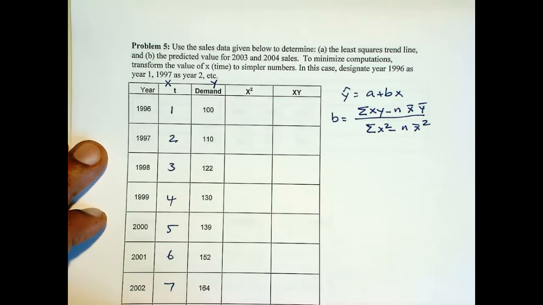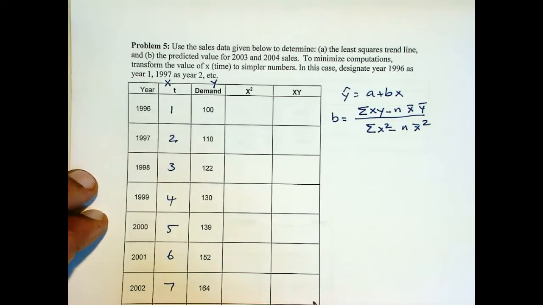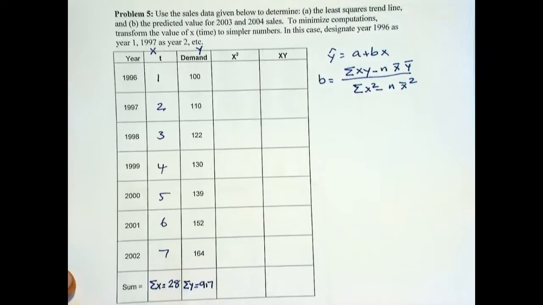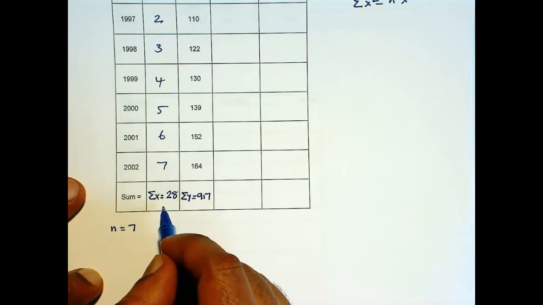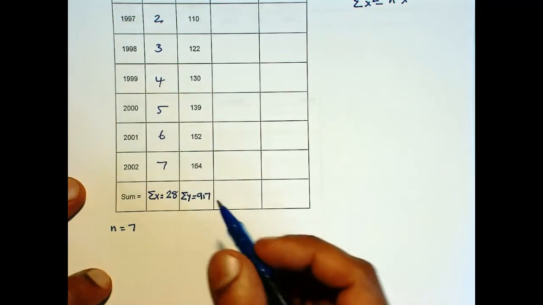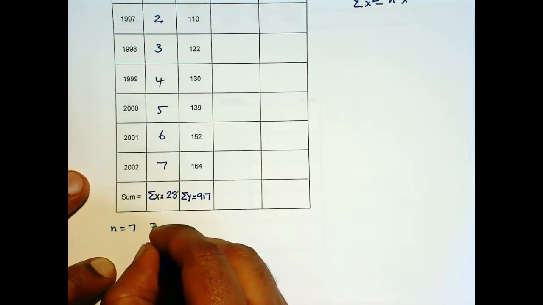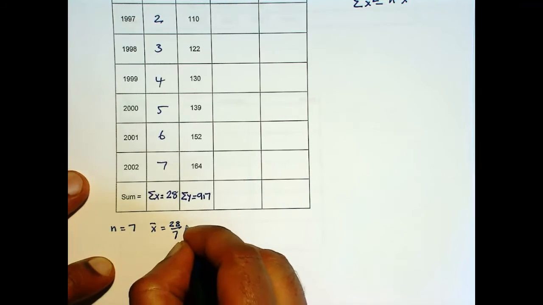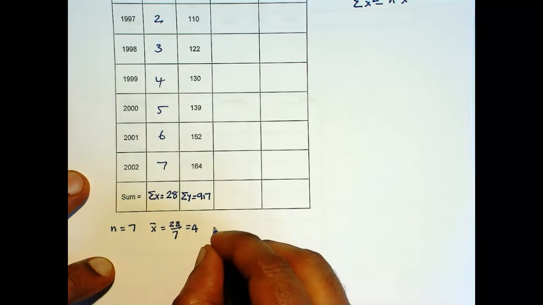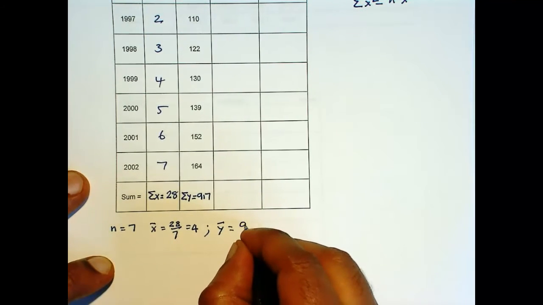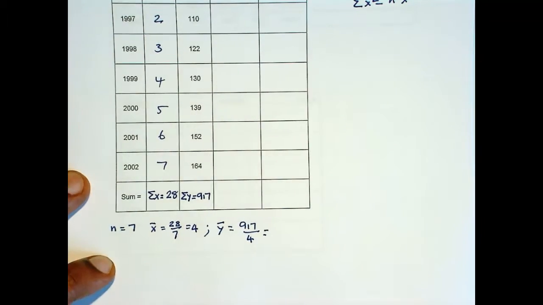So sum of x is 28, sum of y is 917, n is 7, so x bar is 28 over 7 equal to 4, and y bar is 917 over 7 equal to 131.